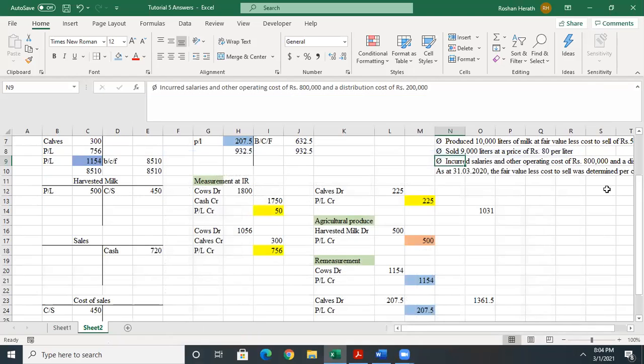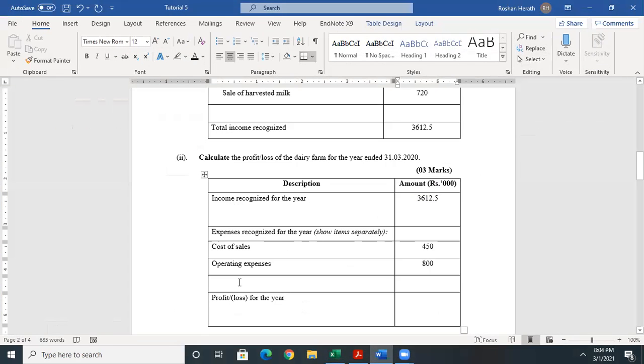And then you also had distribution cost, 200. That can also be a kind of expense. It's 200.